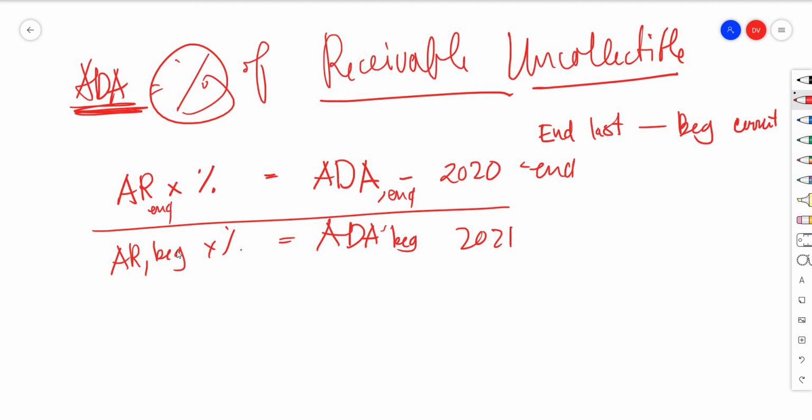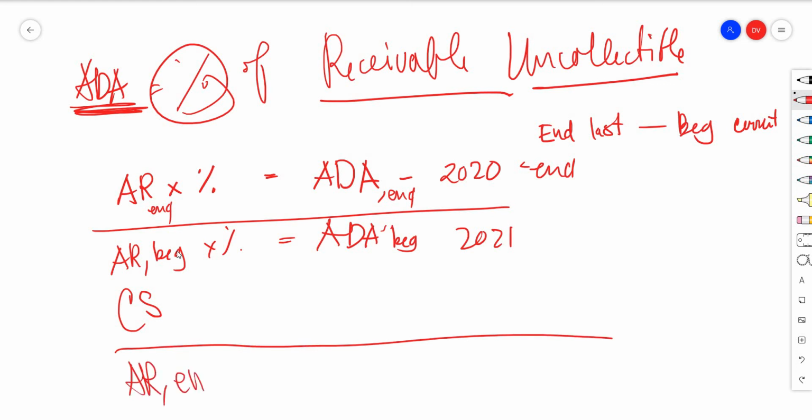Okay? Now, ano ba yung nakakadagdag sa accounts receivable? 'Di ba ang nakakadagdag diyan credit sales. So, wag muna nating isipin na may collection, pero ang idea niyan, AR plus credit sales, makukuha mo yung AR ending. Okay? Now, so, ibig sabihin, kung ito yung ending percentage, ang makukuha ko dito ay allowance for doubtful accounts ending ng 2021.